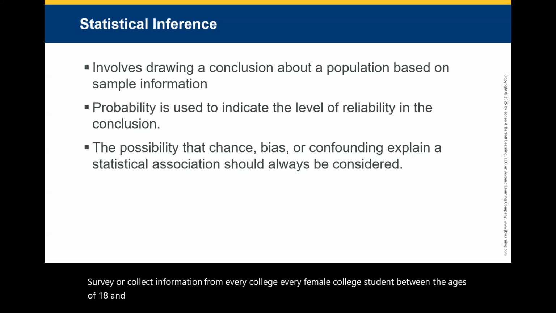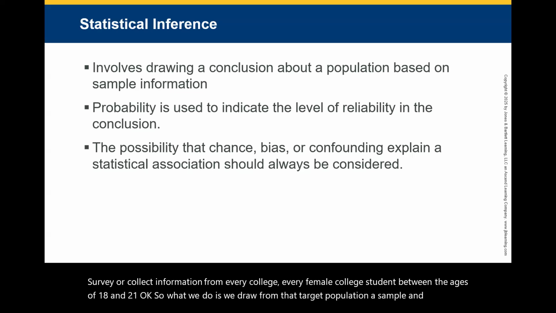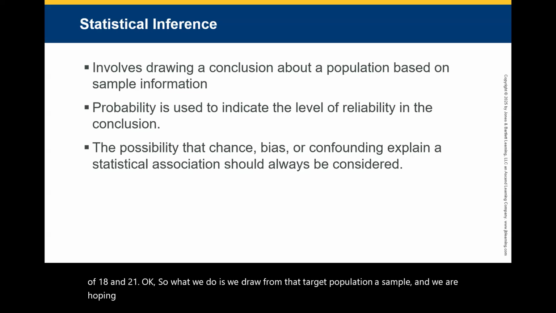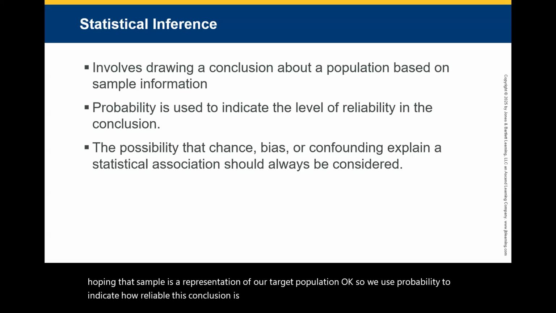So what we do is we draw from that target population a sample, and we are hoping that that sample is a representation of our target population. So we use probability to indicate how reliable this conclusion is. How reliable is the conclusion that our sample is indicative of our target population.